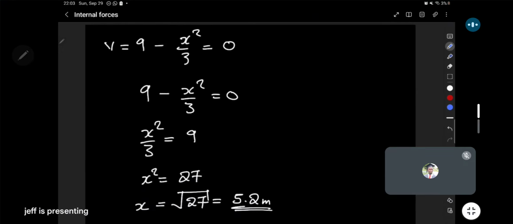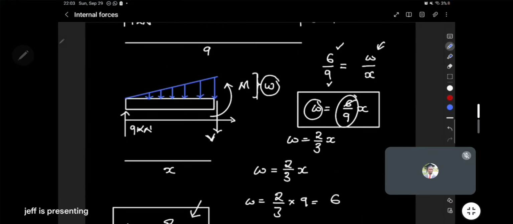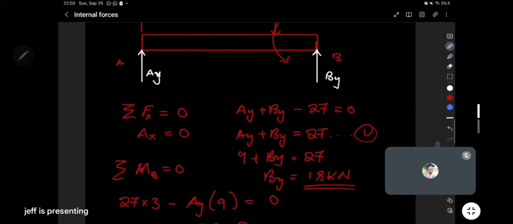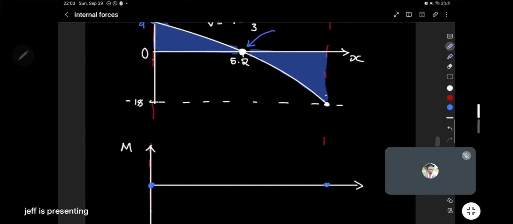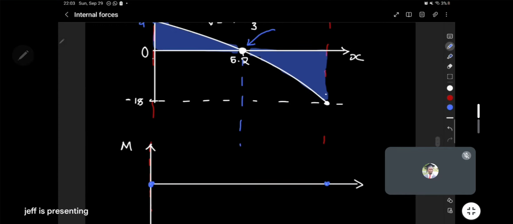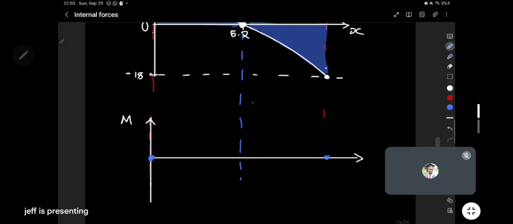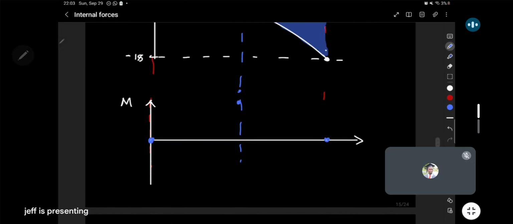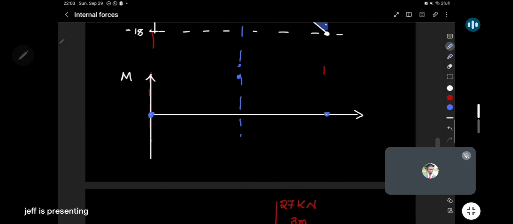So meaning at this point, the bending moment is going to be 31.2. So we can now complete our curve. This is going to be something like this, passing through that point, and then coming back down to 0.